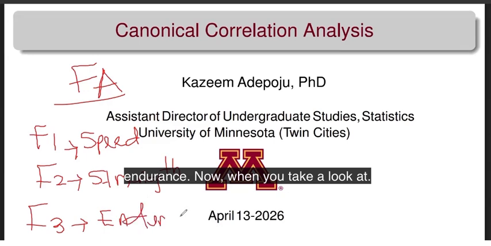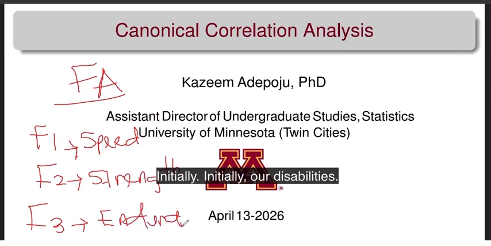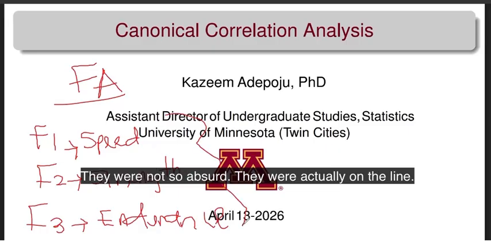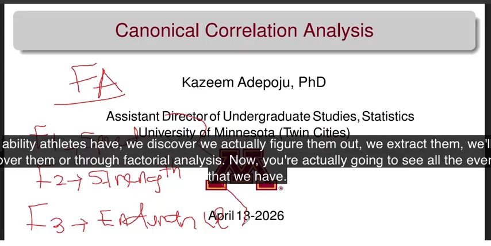Now, when you take a look at these abilities initially, they were not observed. They were actually underlying abilities athletes have. We figure them out, we extract them, we uncover them through factor analysis.